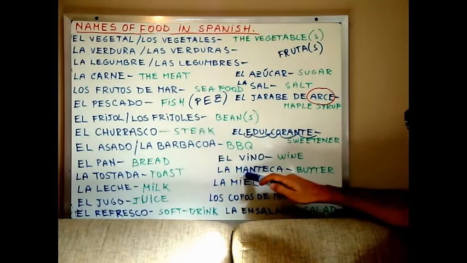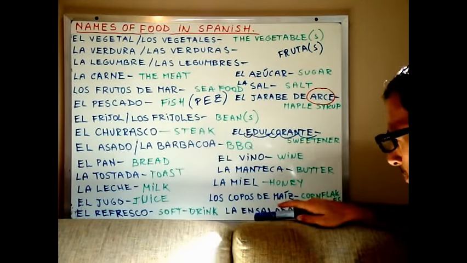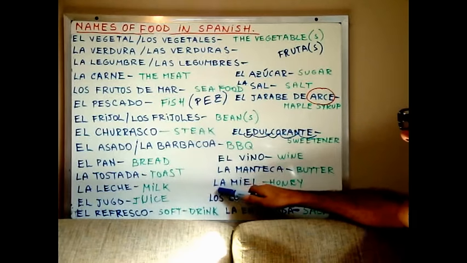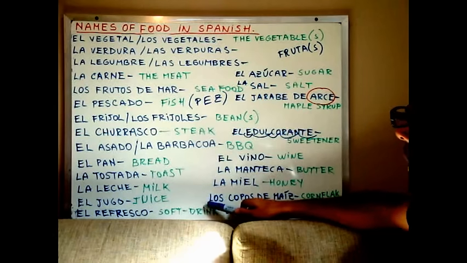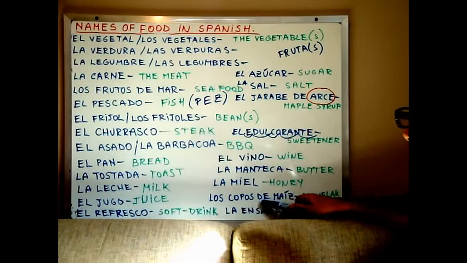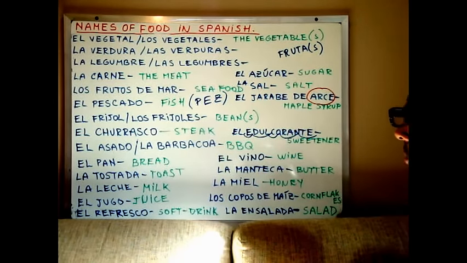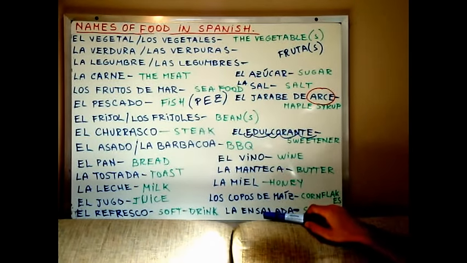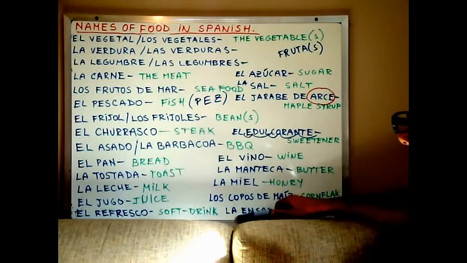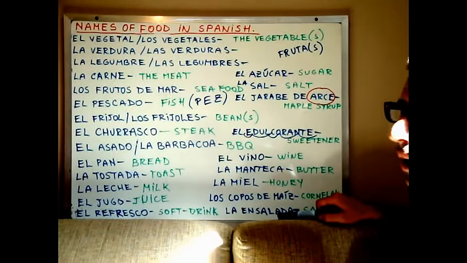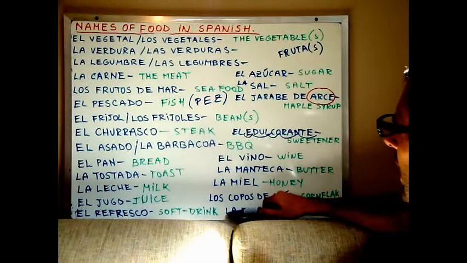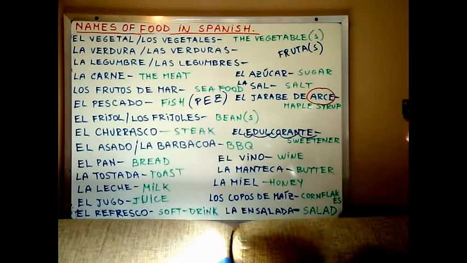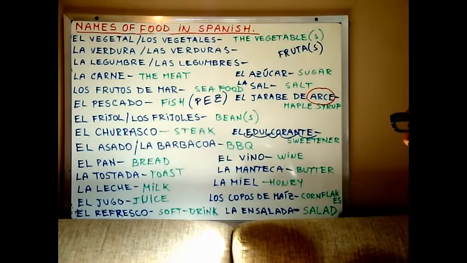La manteca, butter. La miel, for the honey. Los copos de maíz, for the cornflakes. Copos de maíz. And salad in Spanish is ensalada. Ending in A, as you can see, it is a feminine word. So it is la ensalada, or las ensaladas for the plural.